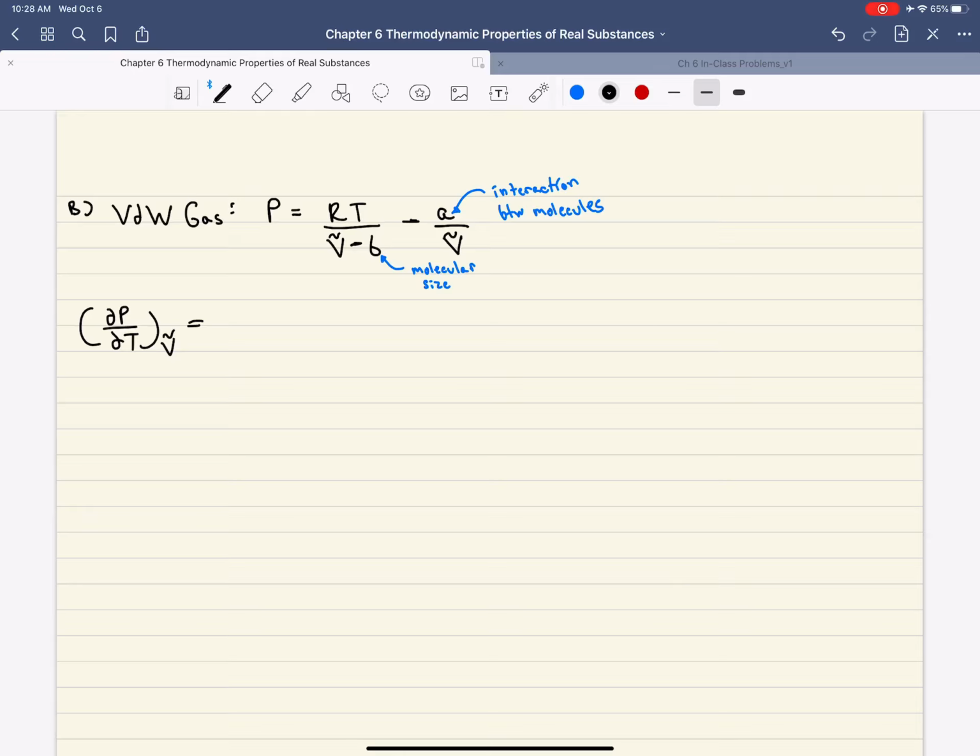So the partial derivative of RT over V minus B, minus A over V squared, I think there should be squared. If we took the derivative of that, we would just get R over V minus B. That's what the derivative simplifies down to. So we can now take that partial derivative and plug it back into our equation 3.